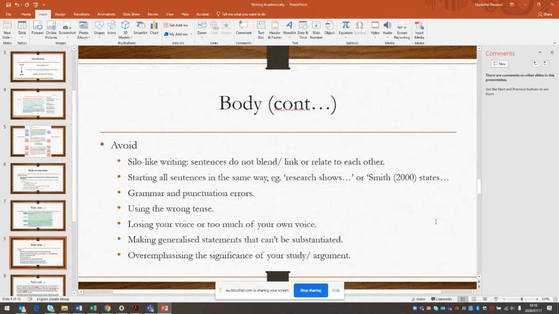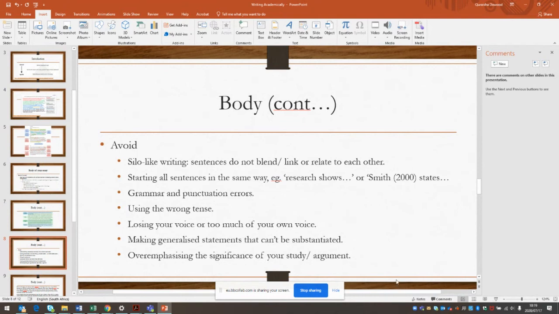You may be making statements, but you need to back them up with research. Don't make generalized statements that can't be substantiated. We'll look at that just now in an example.